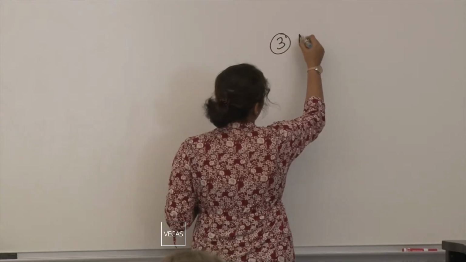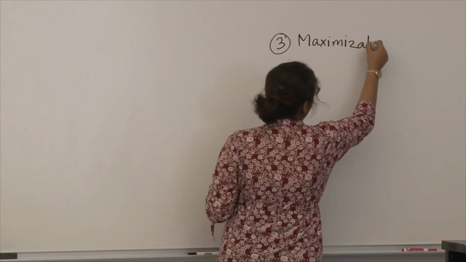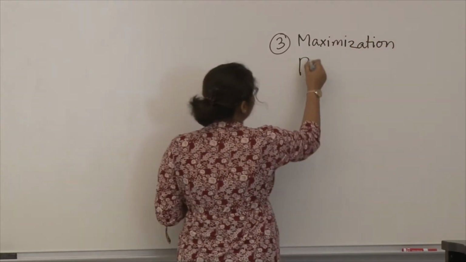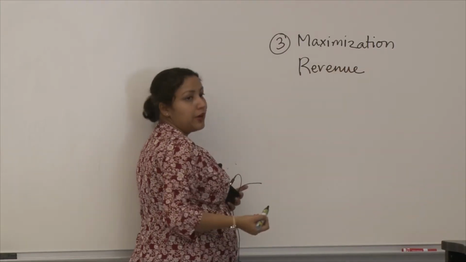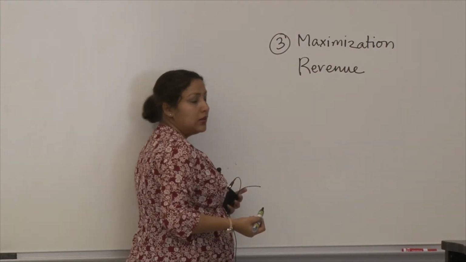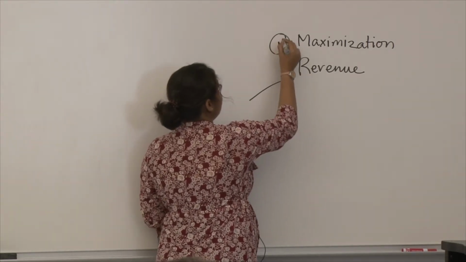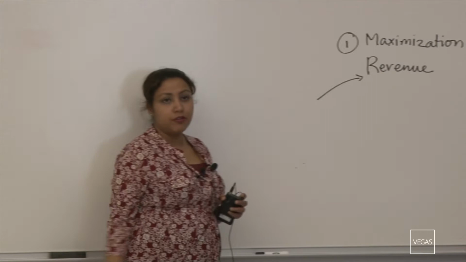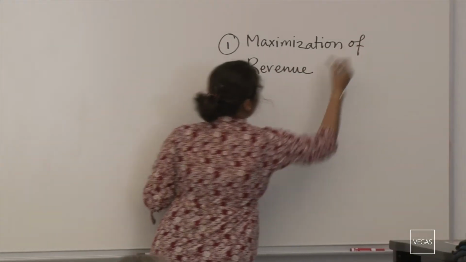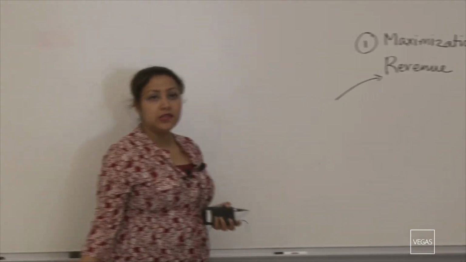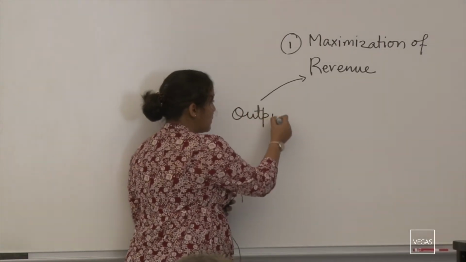One is maximization of revenue, that means earn the maximum revenue possible. If revenue has to be maximized, then in some sense it is necessary that the output, or the total product, must be maximized.